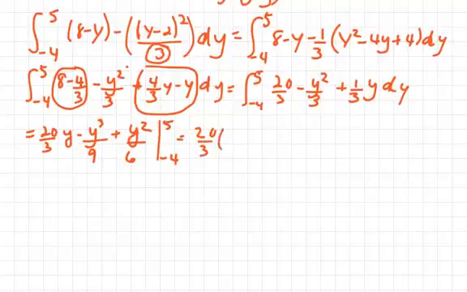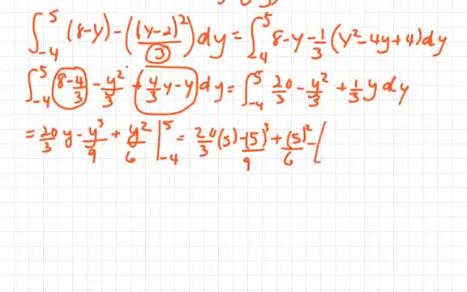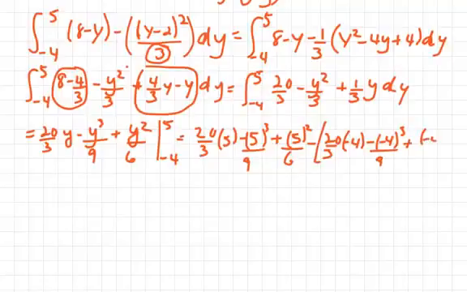So 20/3 times 5 minus 5 cubed over 9 plus 5 squared over 6 minus the quantity 20/3 times -4 minus a -4 cubed over 9 plus a -4 squared over 6.